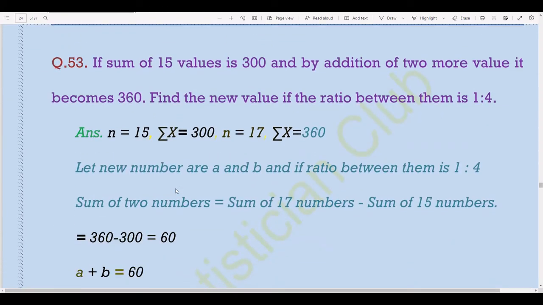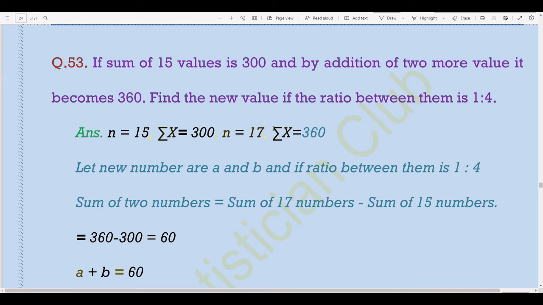Question number 53. If the sum of 15 values is 300, by adding 2 more values, it becomes 360. Find the new values if the ratio between them is 1:4. So first we calculate this portion. N is 15, sum is 300.